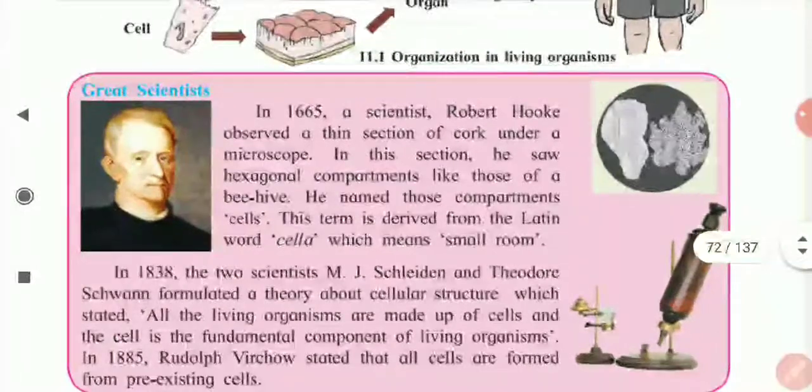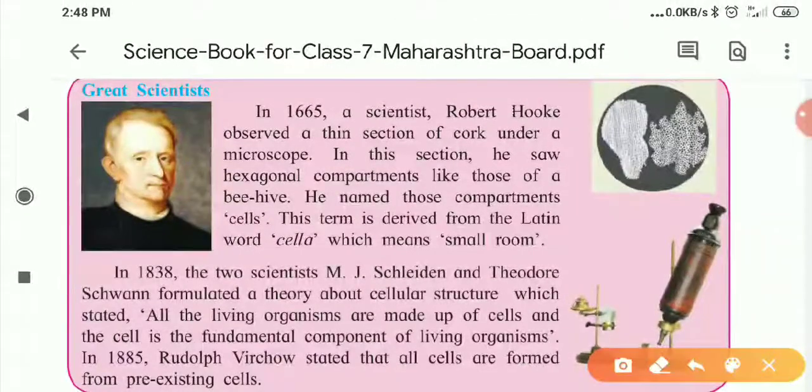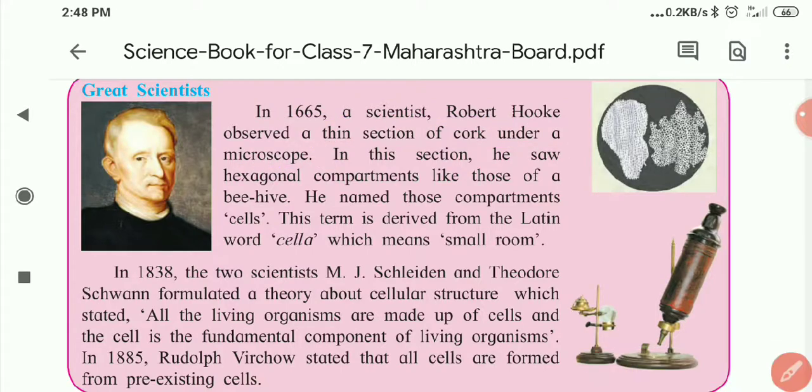Okay, now here is the information about the great scientist. In 1665, the scientist Robert Hooke observed a thin section of cork under a microscope. In this section he saw hexagonal compartments, like those of a beehive.